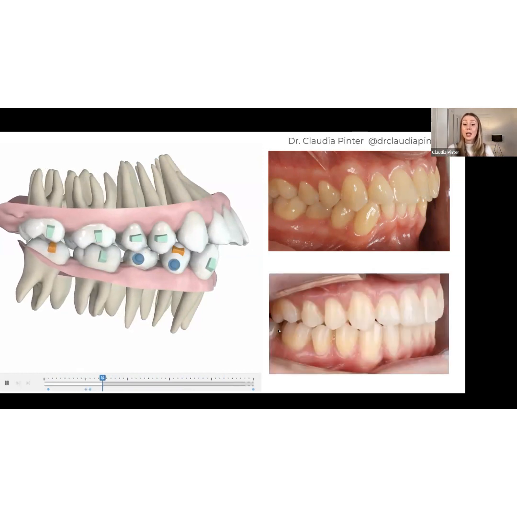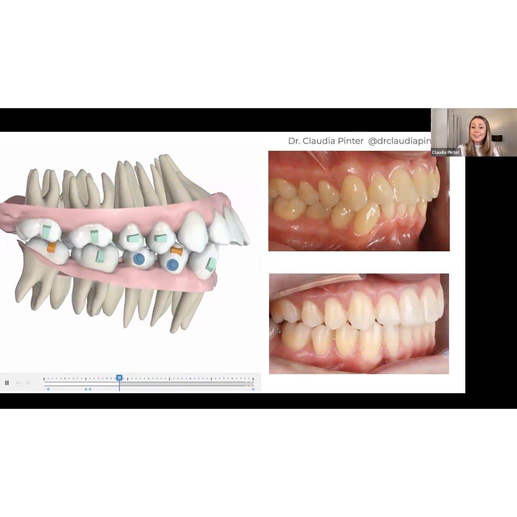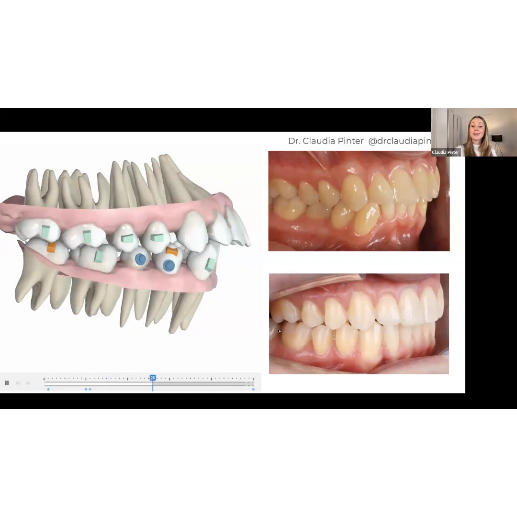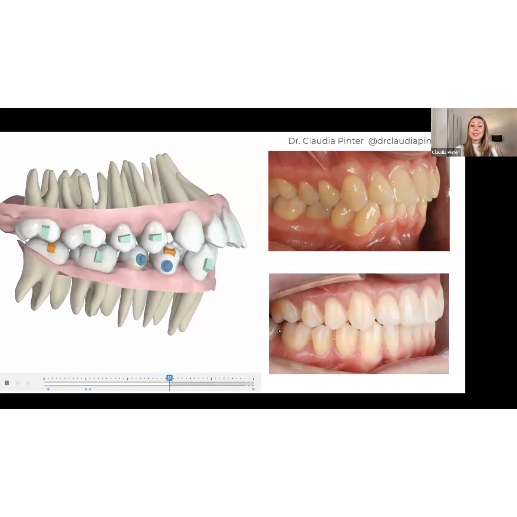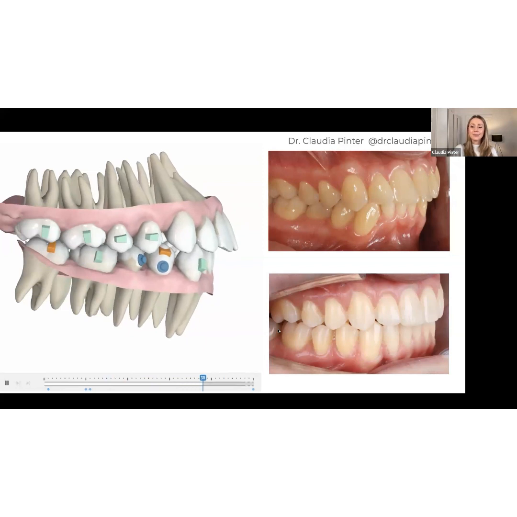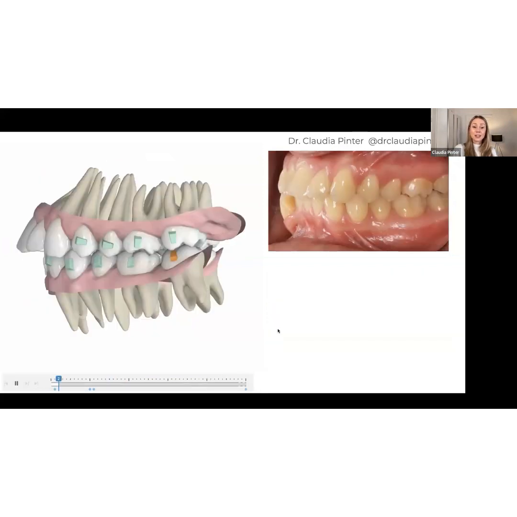You can see here how it was possible to maintain the class 1, how there's proper overjet, overbite, and the incisors have a good inclination. Here from the other side, it's the same.